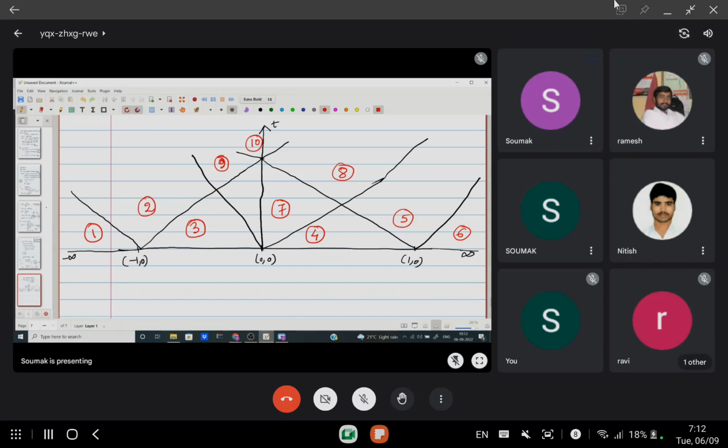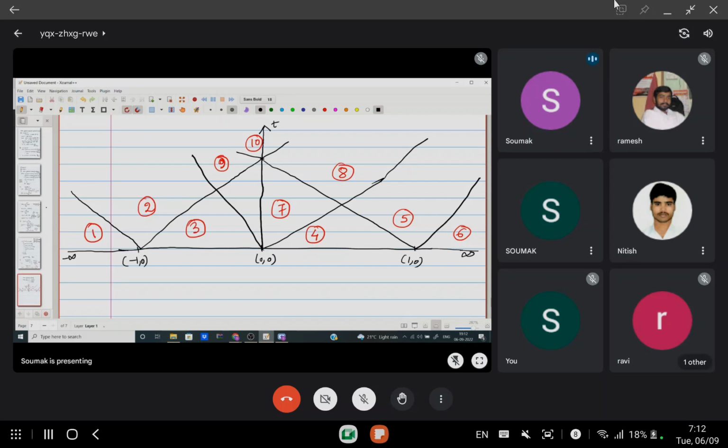Okay, so actually the regions are constructed from the characteristics passing through the points (-1, 0), (0, 0) and (1, 0).